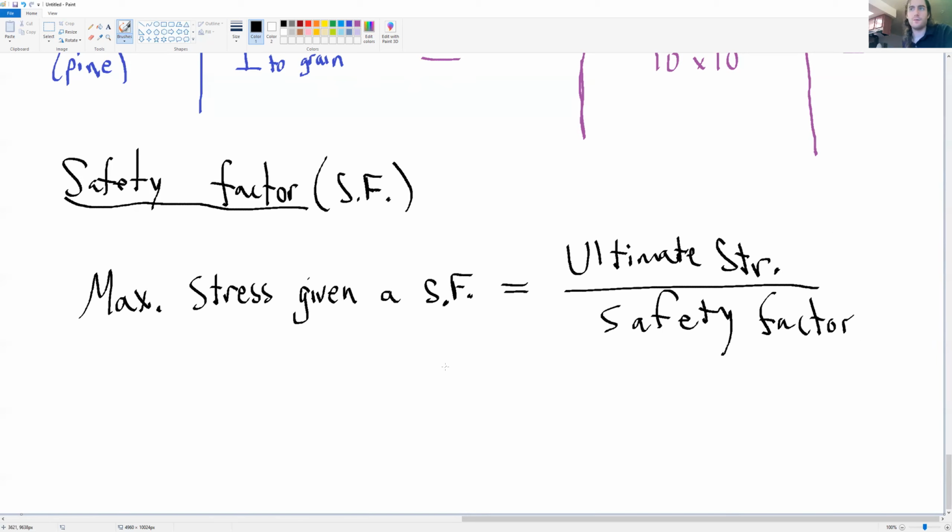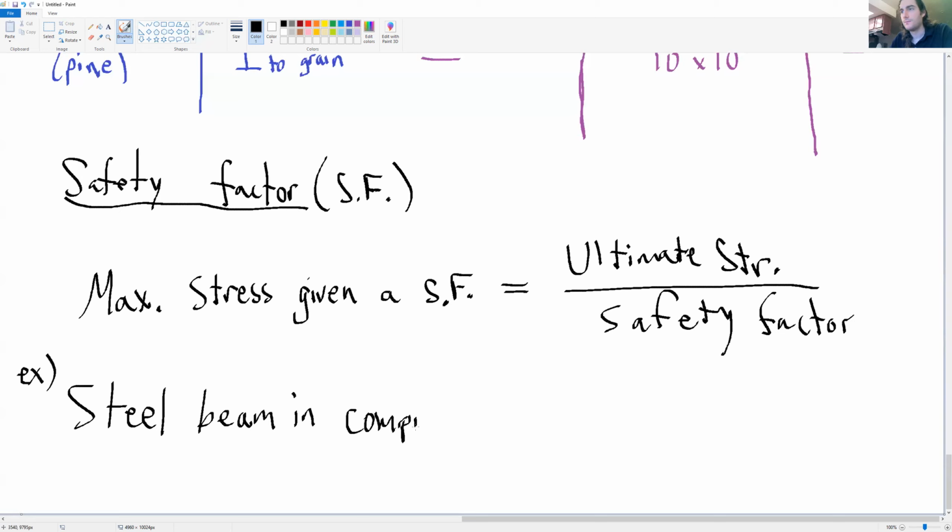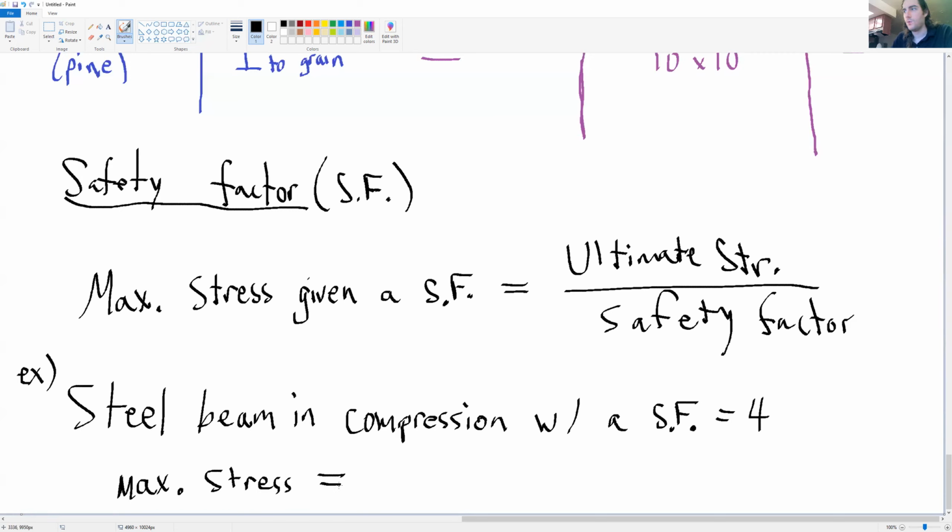Simple as that. Take the ultimate strength, divide by the safety factor. So as an example, if I have a steel beam in compression with a safety factor of, let's say, 4, then the maximum stress would be the ultimate strength divided by 4.